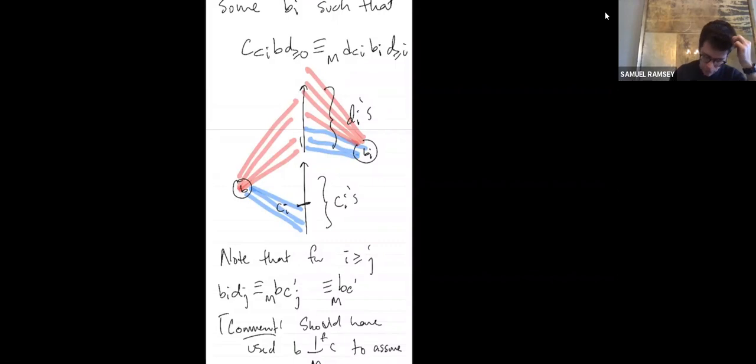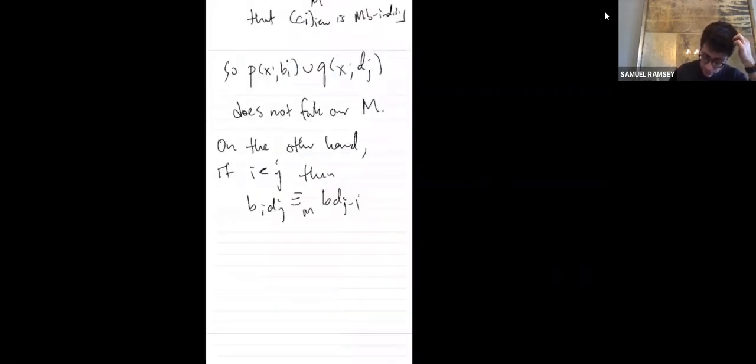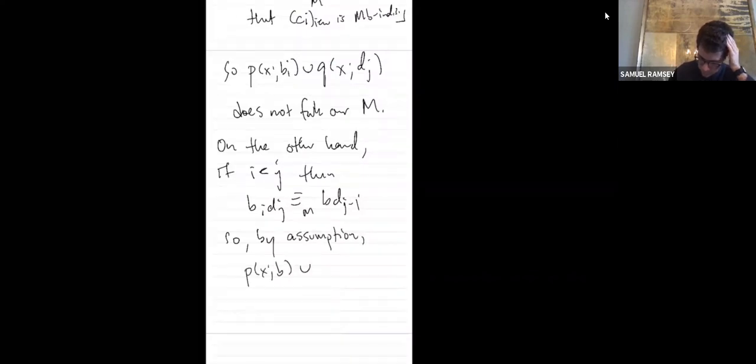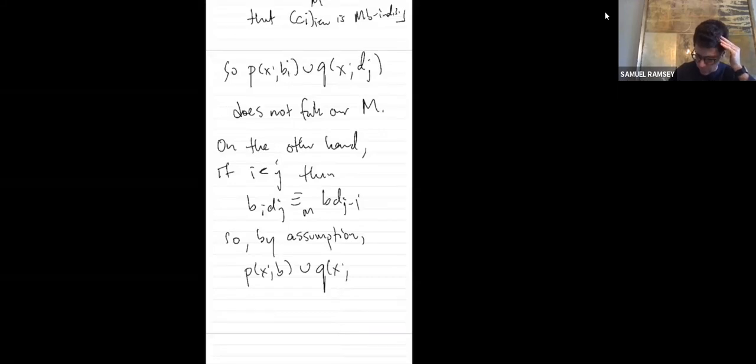So you shift down a bit to see how you relate to the bigger j's. Then by assumption, P(x,B) union Q(x,D_j) forks over M. Recall that we're in case one, which is that this union forks, because our assumption was that P(x,B) together with any one of the D_i's forks over M. So because this has the same type as that pair, this has to fork.